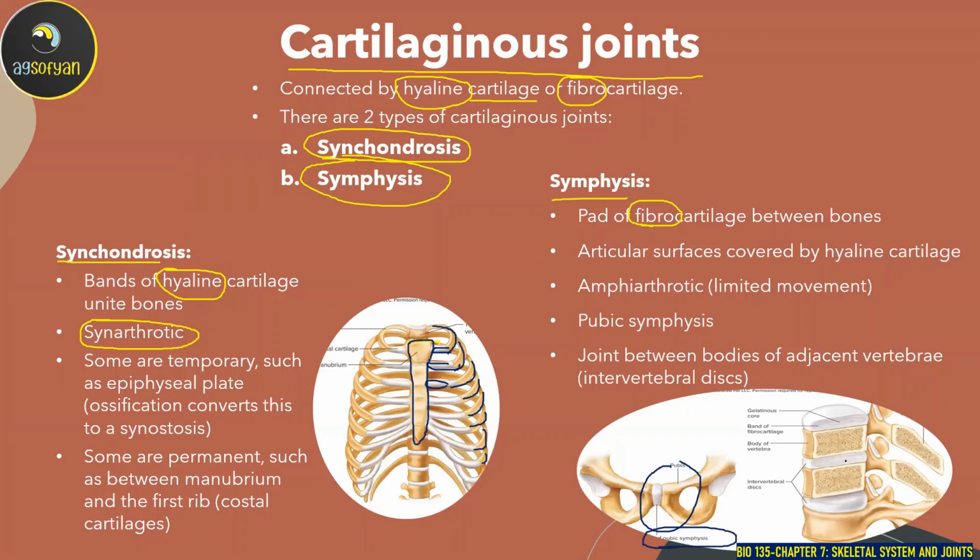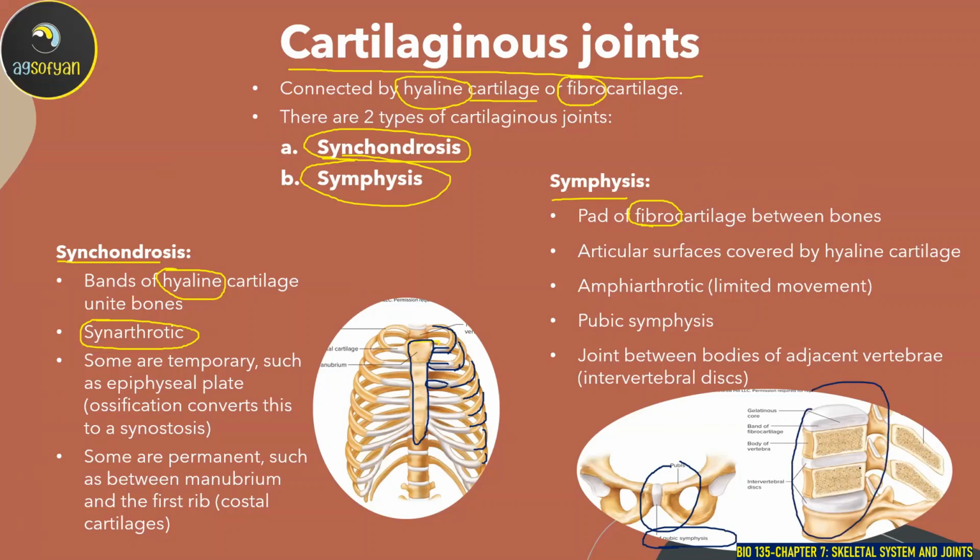The second location is between the vertebrae. Between vertebrae, we have the intervertebral disc that is made of fibrocartilage. This connection between one vertebra and another using fibrocartilage is called the symphysis. So this is another type of symphysis.